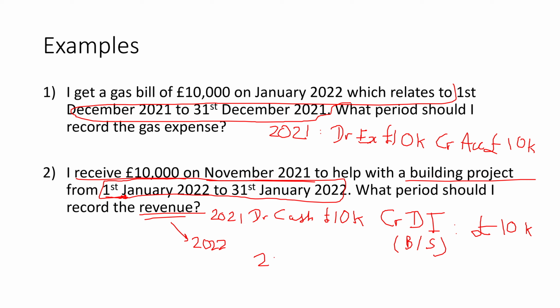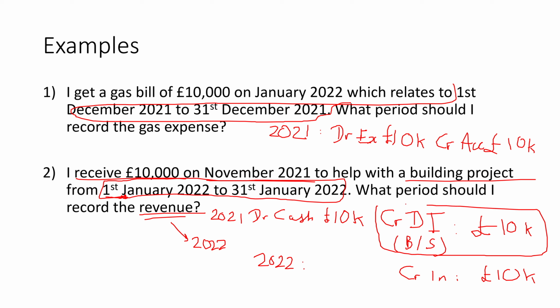But in 2022, we now need to record the income of 10k when we've done the work. So we've done credit here of 10k.